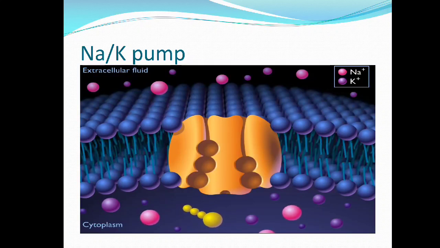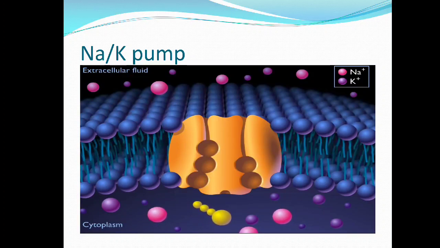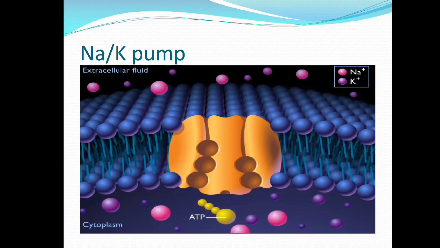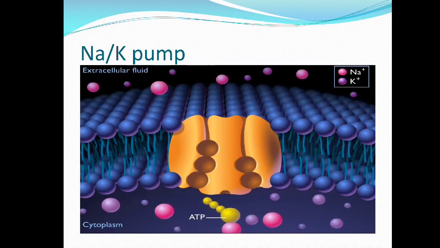So here you can see the movement of the sodium ions, and here it is the ATP, and this ATP molecule breaks to give the ADP, and it releases the energy.